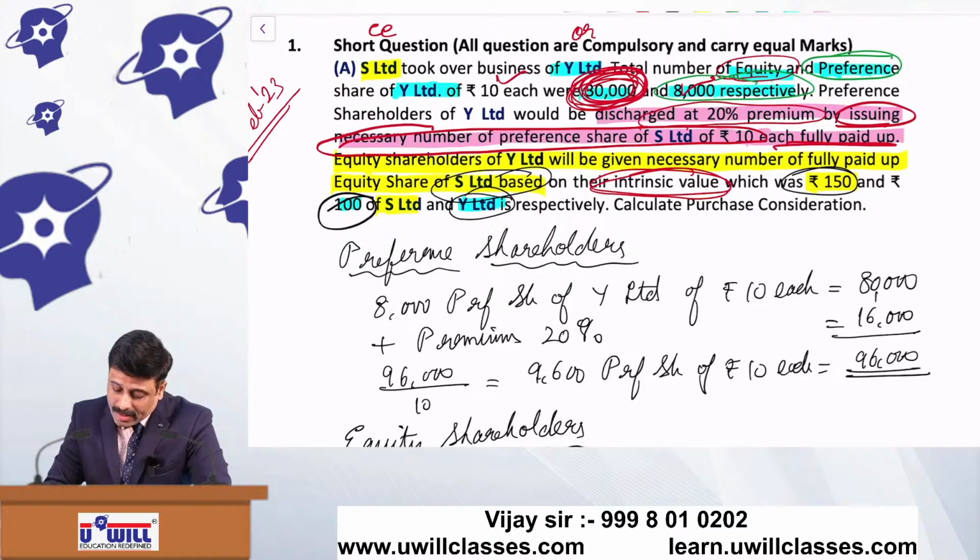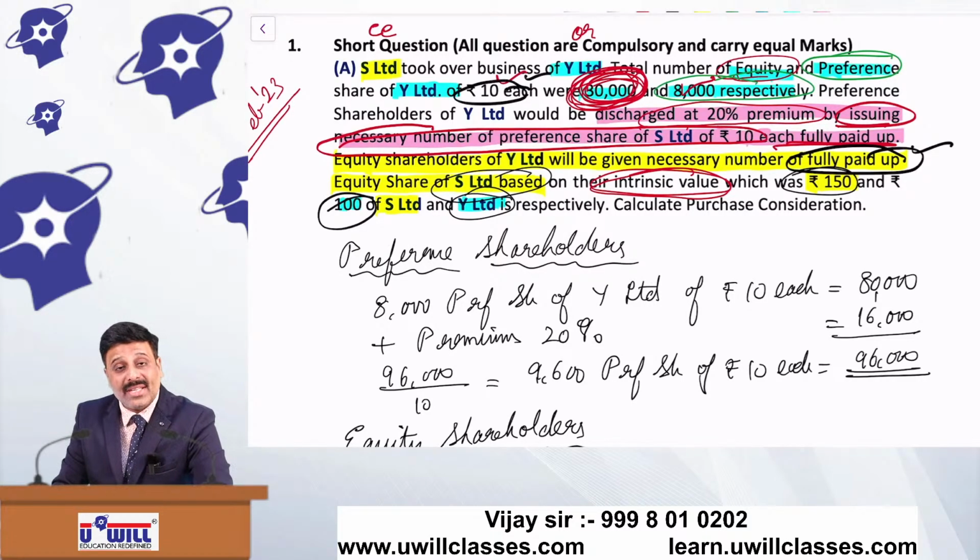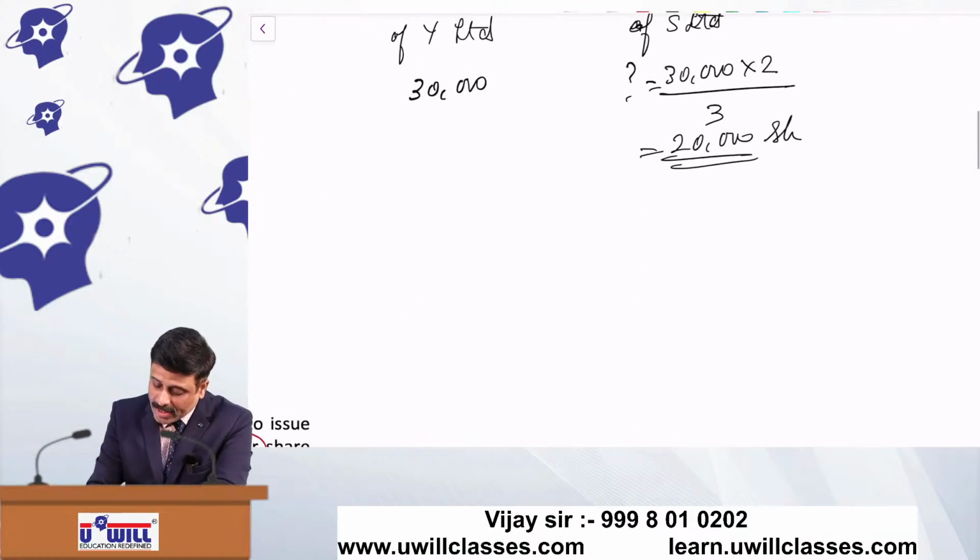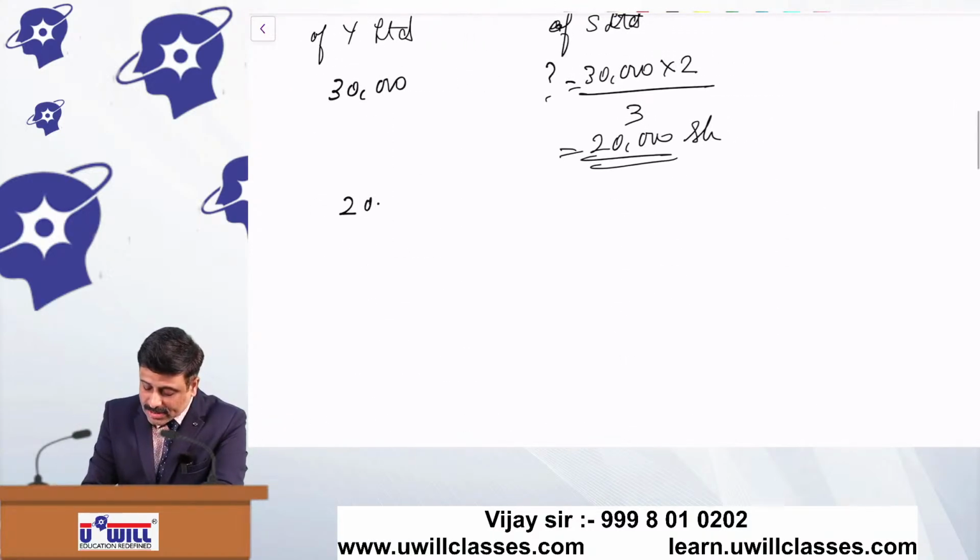And how would you give? They say it will be given necessary number of fully paid equity shares of S Limited. Okay. That means what is the fully paid equity shares of S Limited? 10 rupees. So they will be given 10 rupees shares of this S Limited. 20,000 equity shares will be given of rupees 10 each.